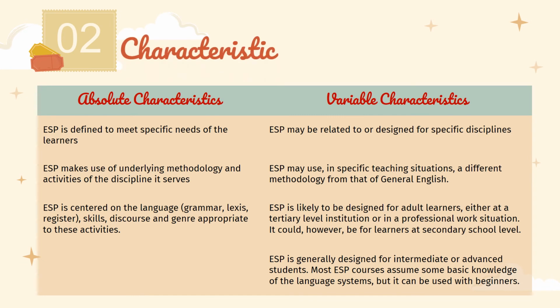Number 2. Characteristic. Here is an ESP characteristic by Dudley Evans and St John. They are divided into two parts. The first one is absolute characteristic, and the second one is variable characteristic. As you can read on your own, in the ESP class, students are shown how the subject matter content is expressed in English.